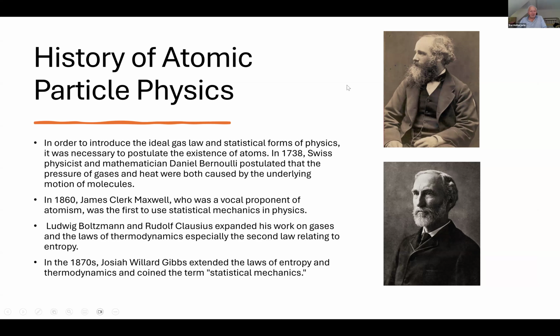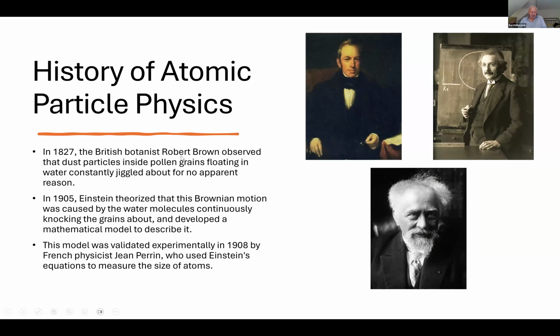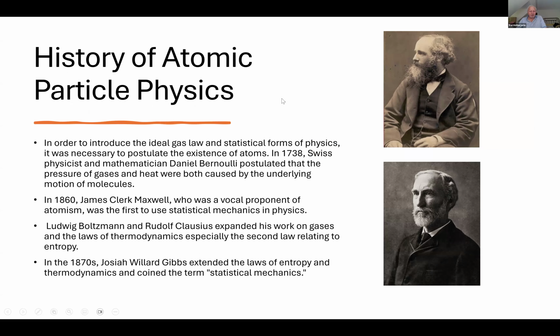Building on this, we had the notion that gases are made up of molecules, and they bounced against one another, and their bouncing created temperature, and it created pressure. And so if you draw on this, the physicist Daniel Bernoulli, who's also a mathematician, postulated that the pressure of gases and heat were both caused by the underlying motion of molecules.